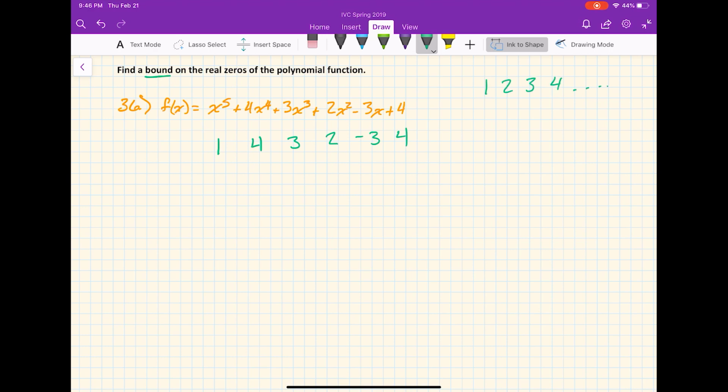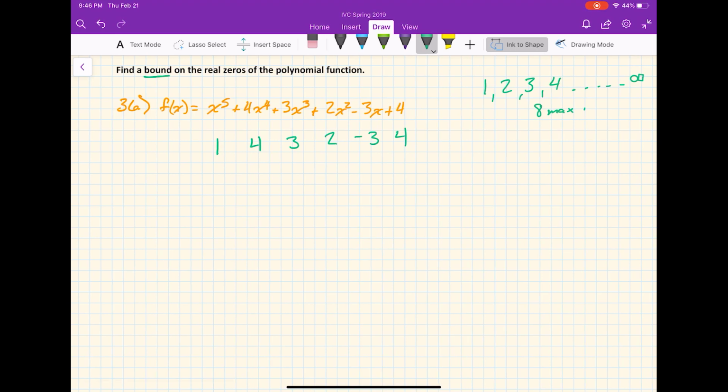We're going to do this division thing, but you'd start at 1 and you just use whole numbers like 1, 2, 3, 4, 5, 6, all the way to infinity. I mean, until you found it, but really you shouldn't have to go much past 8. 8 might be the max. Maybe it's 5. I don't know. If you haven't found it by then, you should probably use a different method, which we'll get into later, I suppose.